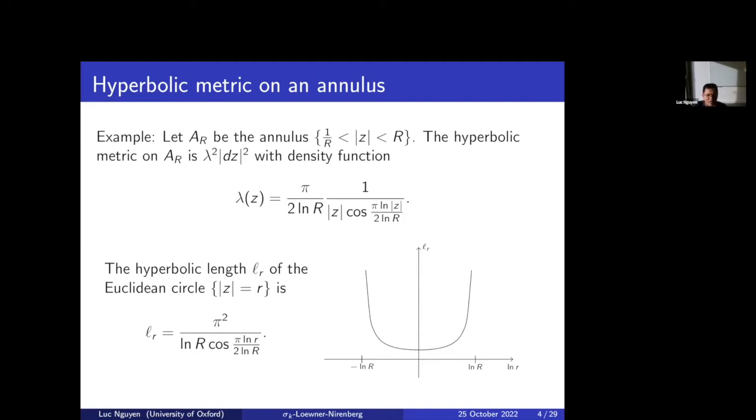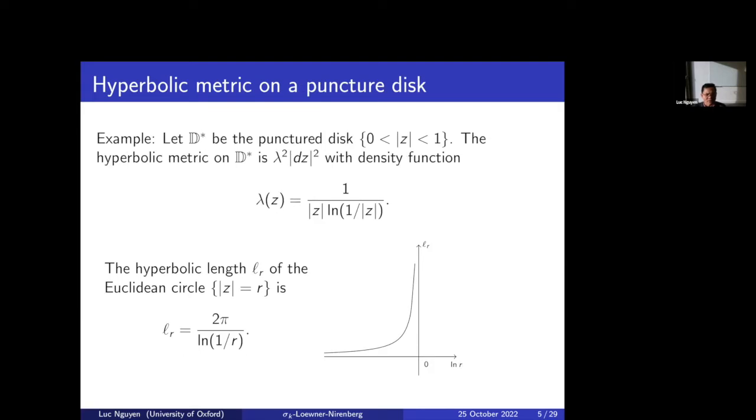Now another example one can do by explicit calculation is the punctured disk, D star. Here the hyperbolic metric is given by lambda equal to 1 over z log of 1 over z. Then we can do the same plot. On the horizontal line we have the log of the Euclidean radius, and on the vertical line we have the hyperbolic length.